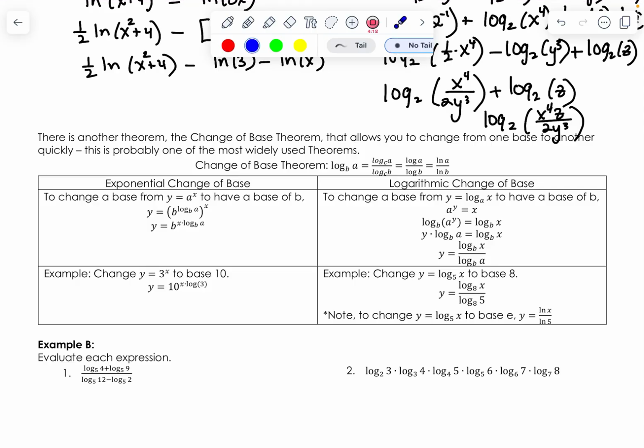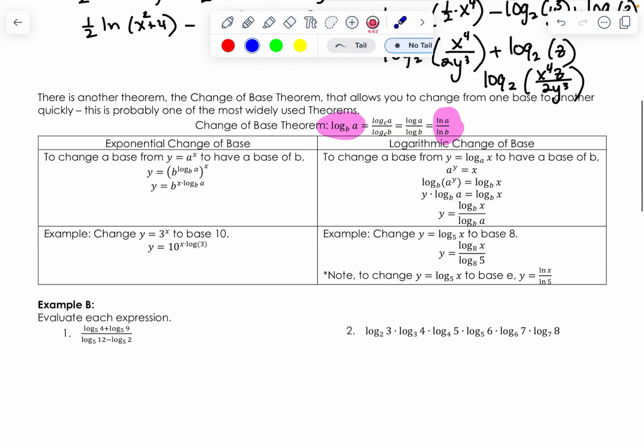So here's the big idea, and we're going to use all of them, but I really want to focus in on if I have log base b of a, you can change it to any alternate base. Typically, we use base 10 or base e and write log a over log b, or ln a over ln b.